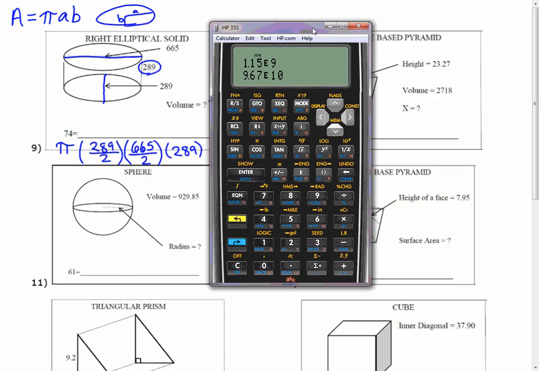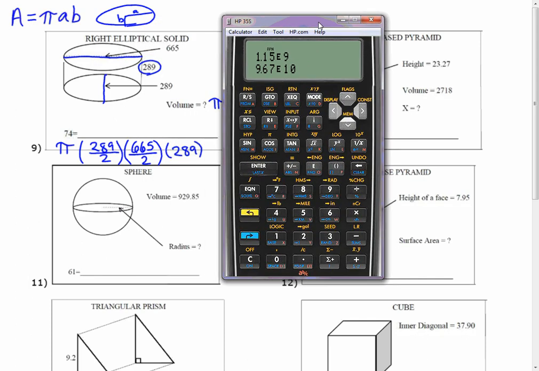So in our calculator, I would start with pi, and I would do 289, and I'm actually just going to multiply all the stuff that's on the top, because I know that division line means divide.